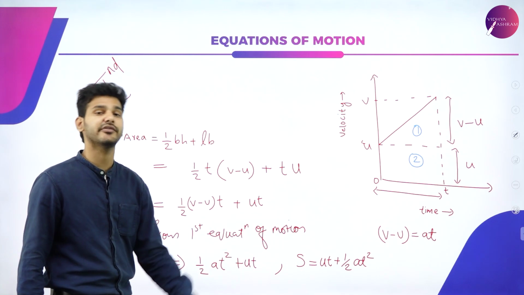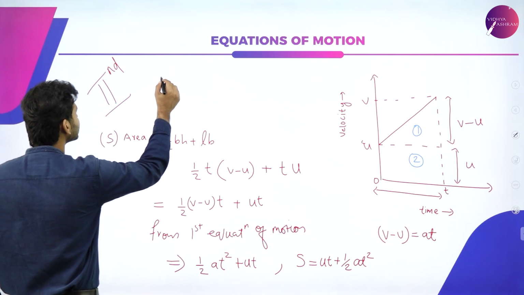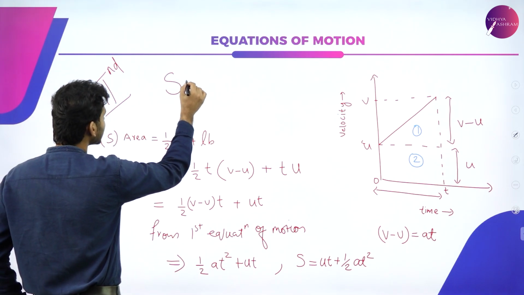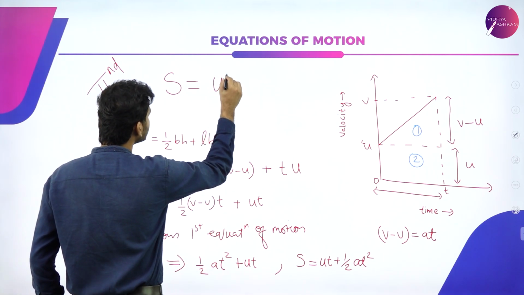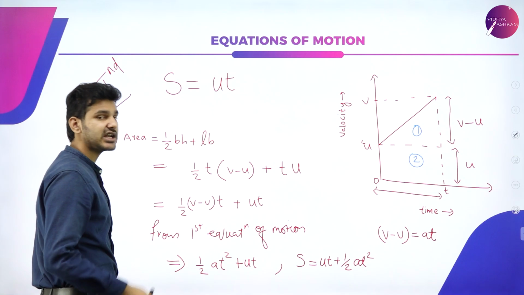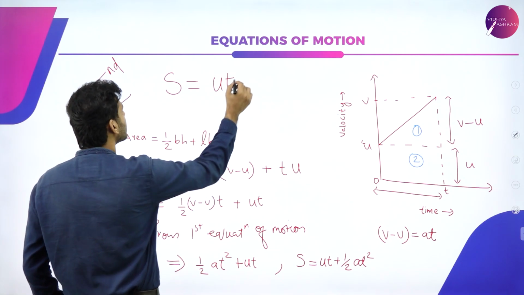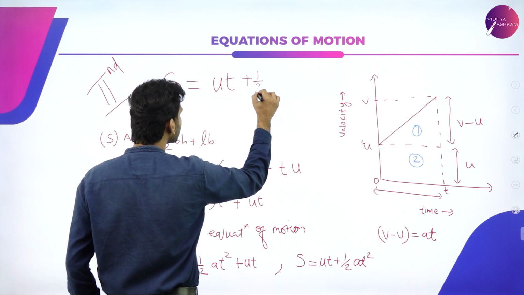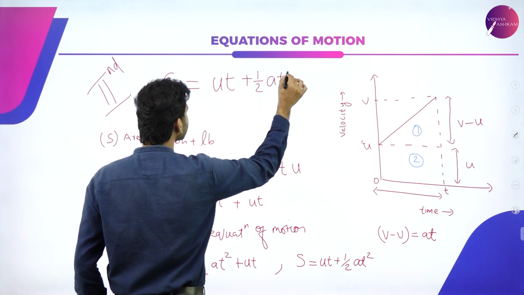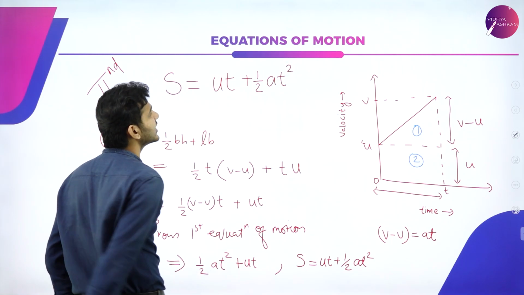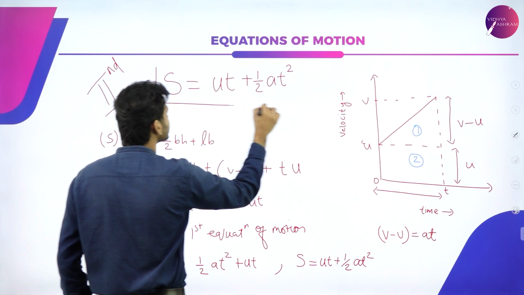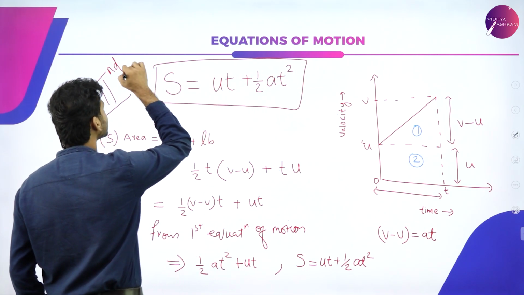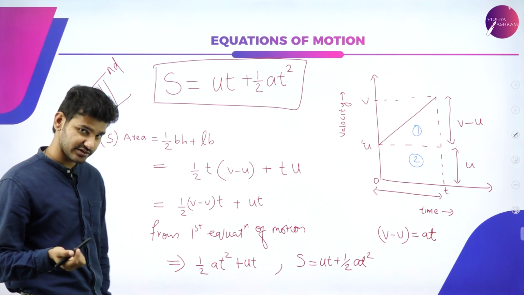So the second equation of motion is displacement is equal to ut, that is initial velocity times time, plus half acceleration times time squared, ut plus half at squared. So this is the second equation of motion.